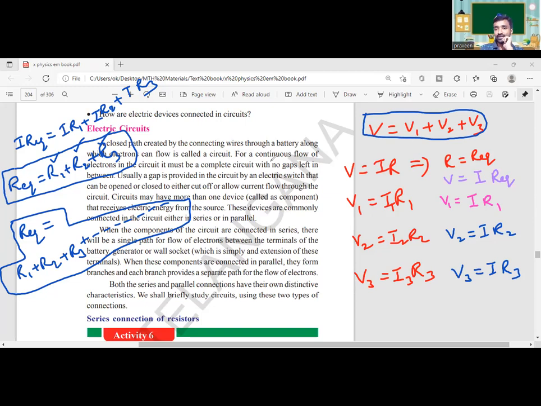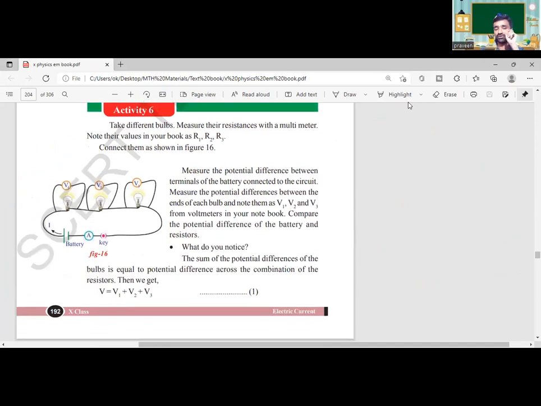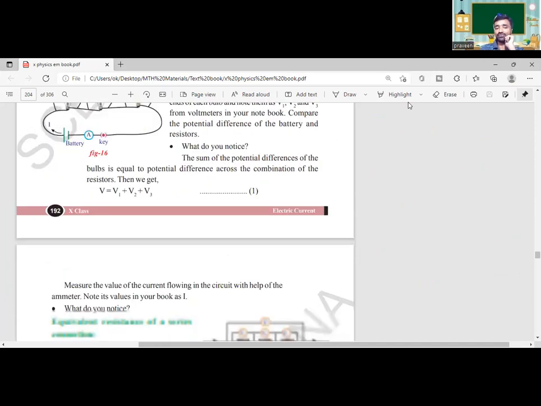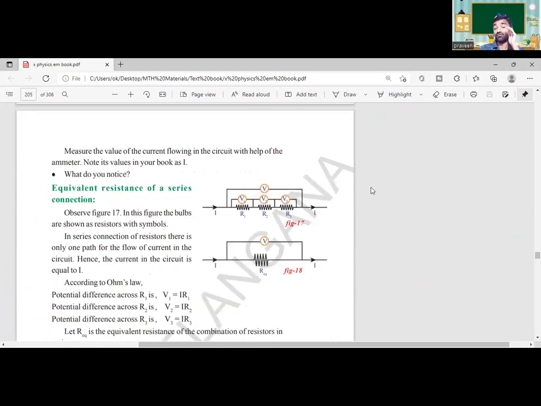Look in your textbook at the derivation part in activity 6. We got a relation V equal to V1 plus V2 plus V3, given here as equation 1. Then I measured the voltage individually and finally found the voltage between the ends, from the first bulb's first terminal to the third bulb's second terminal.